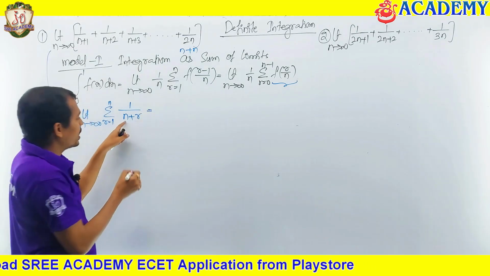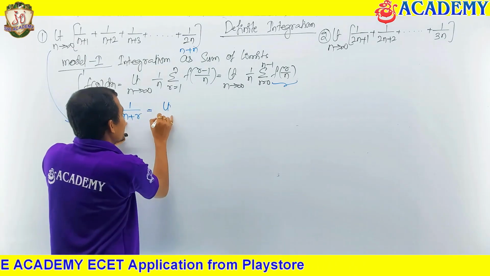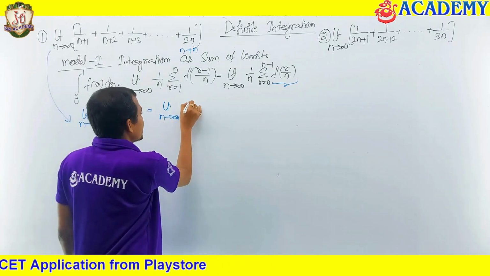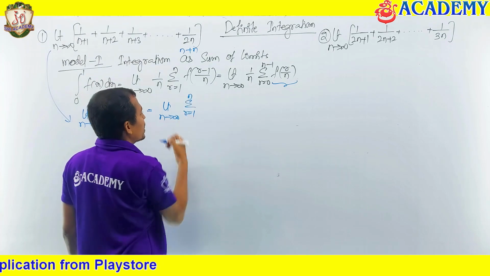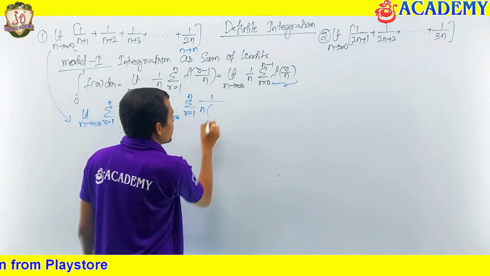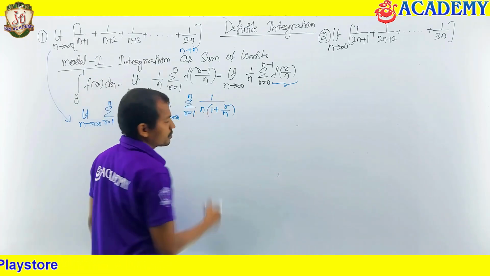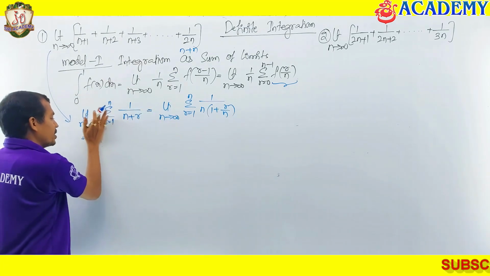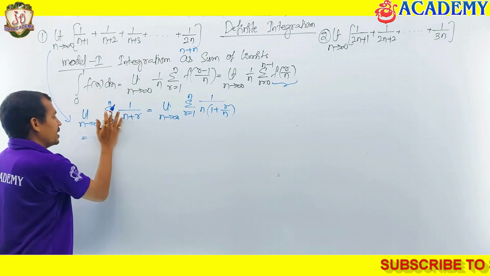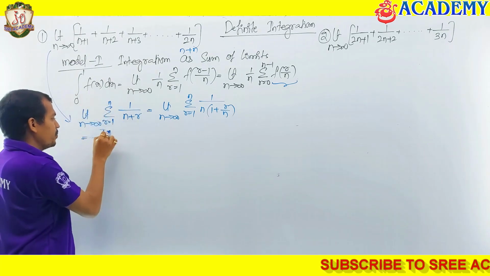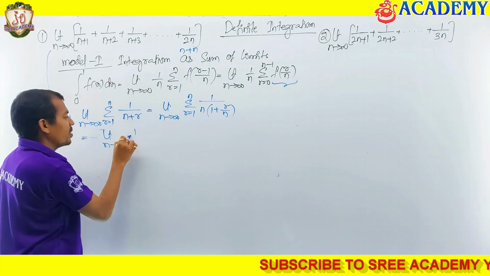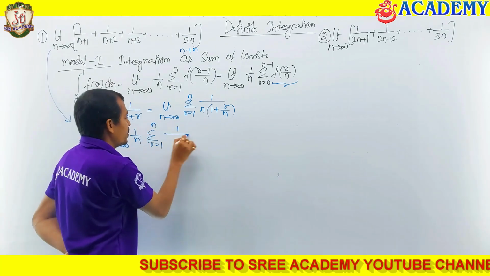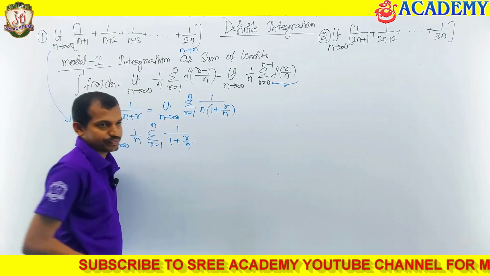Now I take n common: limit n tends to infinity sigma r equals 1 to n 1 by n times 1 plus r by n. So the result is limit n tends to infinity 1 by n sigma r equals 1 to n 1 by 1 plus r by n.